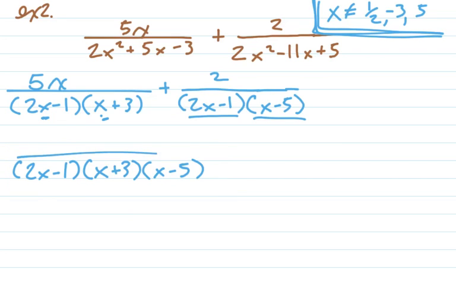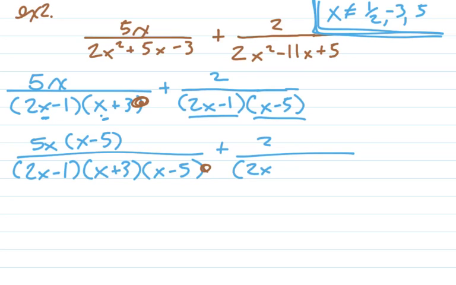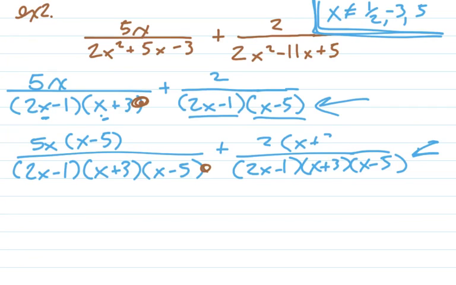So what did I have to multiply this denominator by to get this? Well, I had to multiply it by x minus 5. Okay, moving on. What did I have to multiply this denominator by to get this? x plus 3.